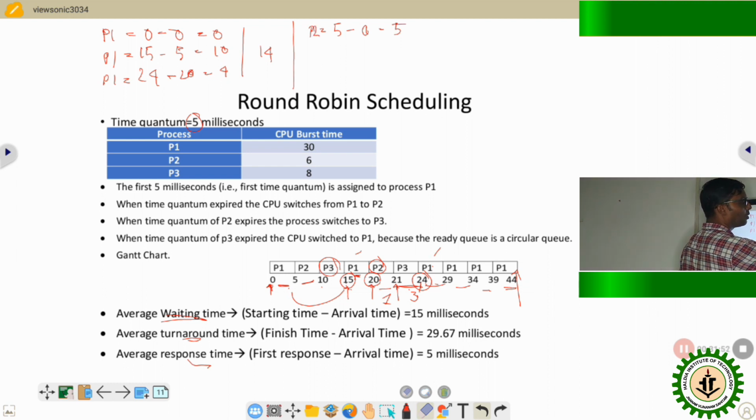For process P2 again, the starting time is 20, minus the previous finish time 10. That is 10 here. Is there any further P2? No, there is no P2, so the total is 15.